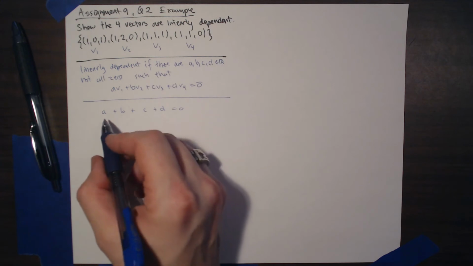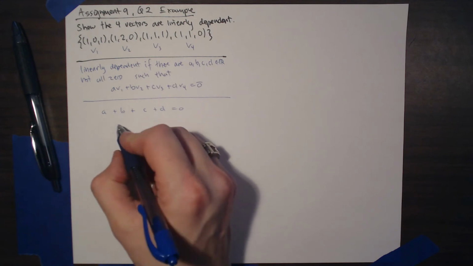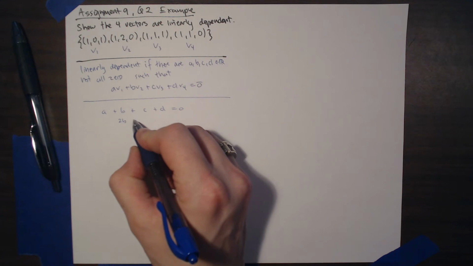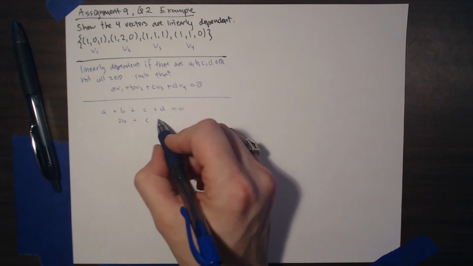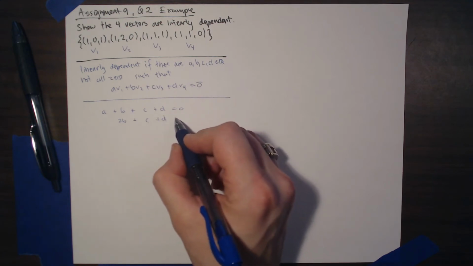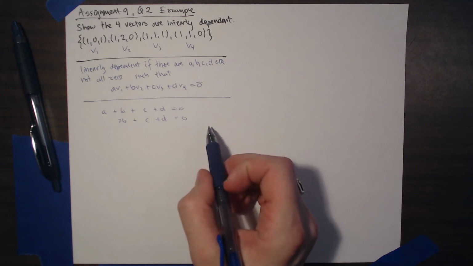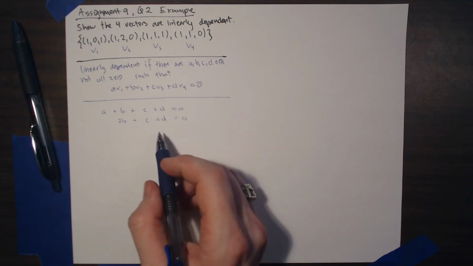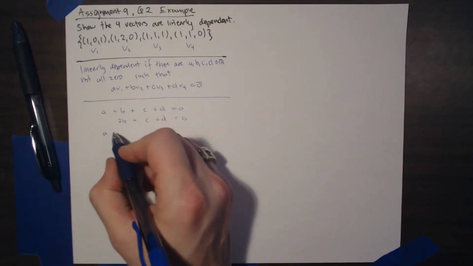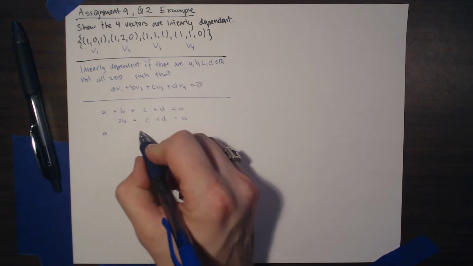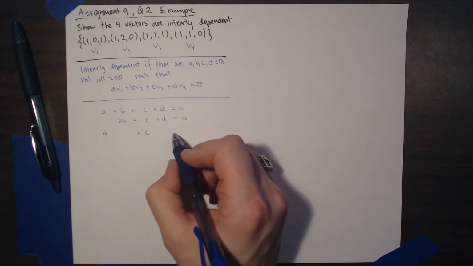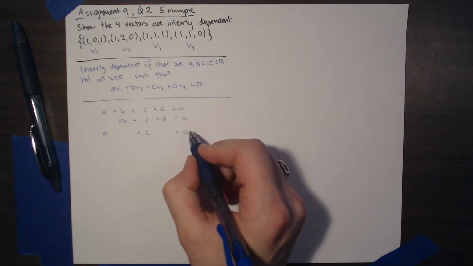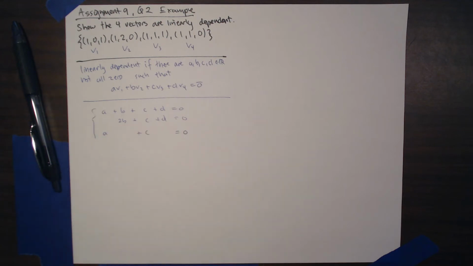That will give us 0a + 2b + c + d = 0, and for the third entries that will give us a + 0b + c + 0d = 0. So this gives us a system of equations to solve.